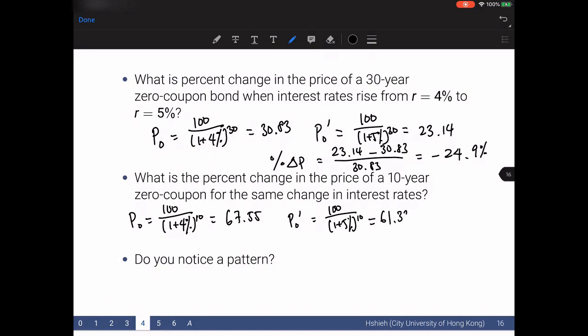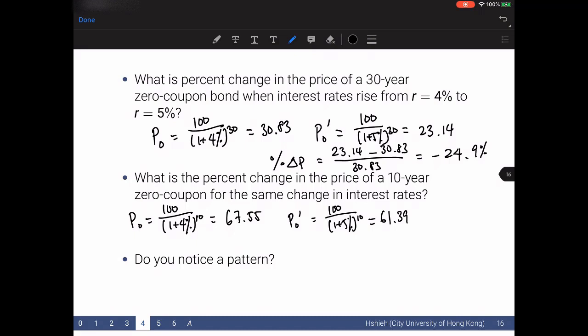All right, so the price level obviously is going to be higher because it's a shorter maturity bond. There's less discounting, right? Because the denominator is comparatively smaller than the 30-year compounding. So that's not that interesting. What's interesting is that the price change, however, is going to be different.